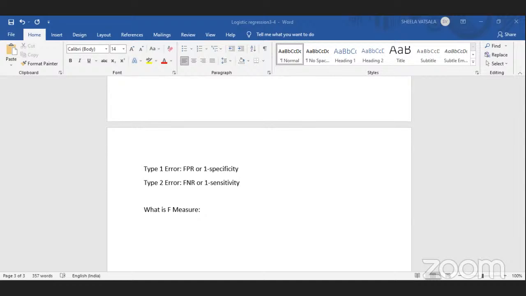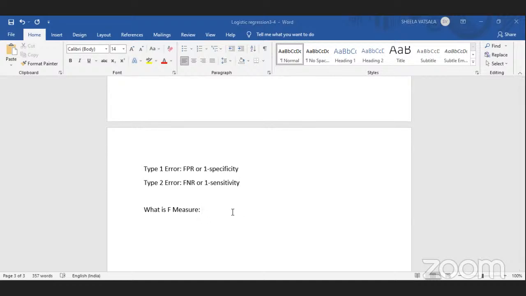So in short, we can call it a weighted average of both precision and recall, right? 2 times precision and recall by precision plus recall. We can write it like this.